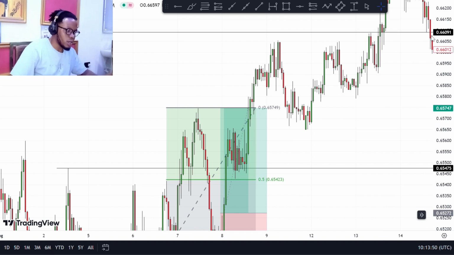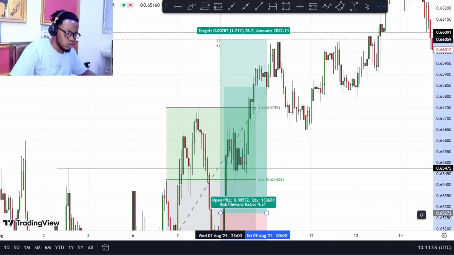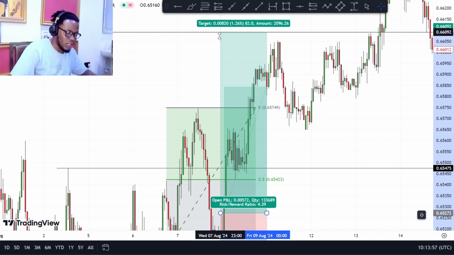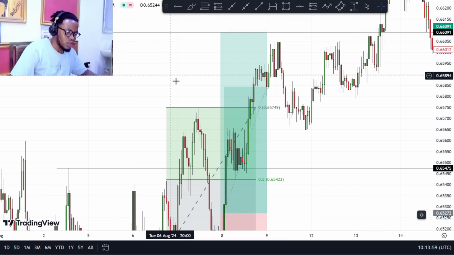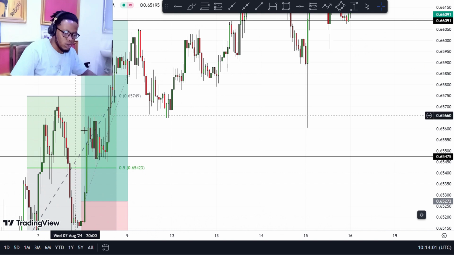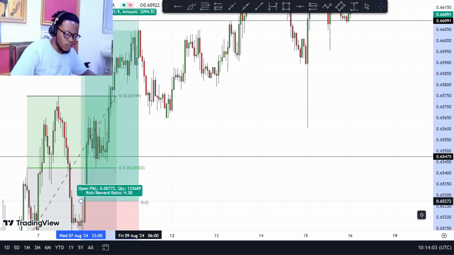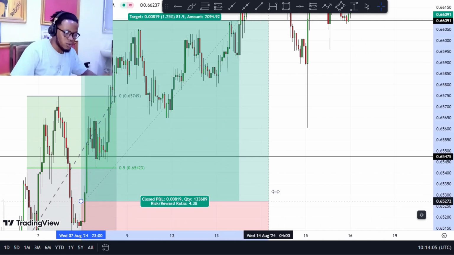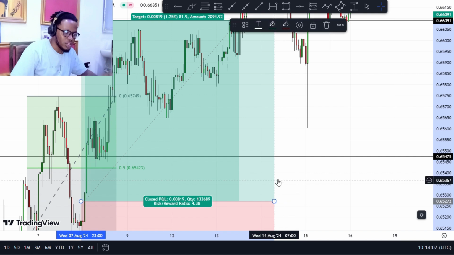Okay, so like I said, it's advisable to set your take profits at that supply zone. Okay, as you can see, almost like 1:5 at this point, as you can see, played out perfectly well.